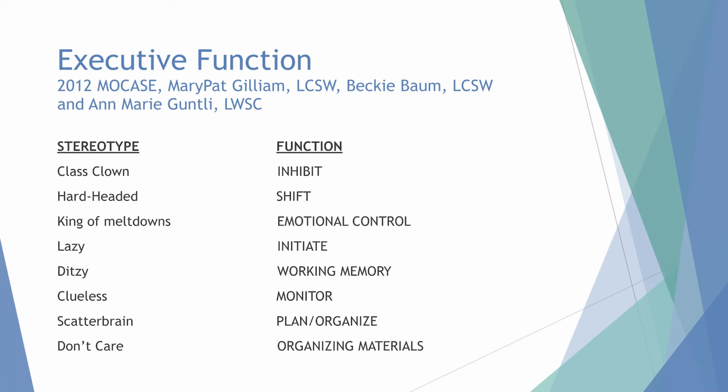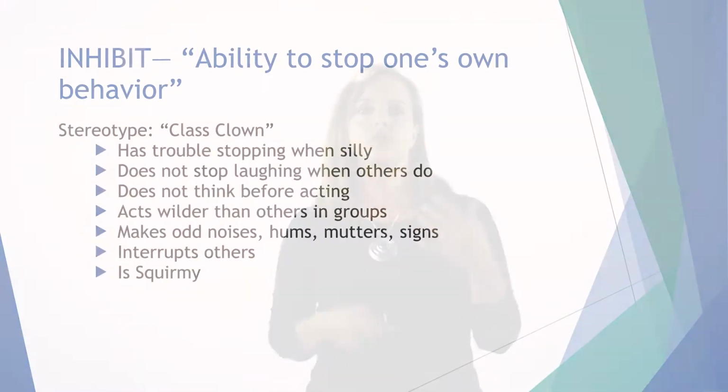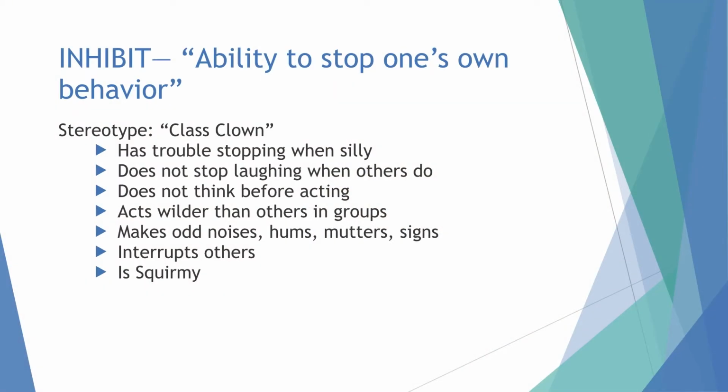And what I want to do is give you an example of what that executive function skill looks like and how you can maybe see where that might look like a behavior, but again is actually a skill deficit. And then some of the examples of different things that you can do in order to help with those executive function skills. So the first one has to do with inhibit, and inhibit is the ability to stop one's own behavior.